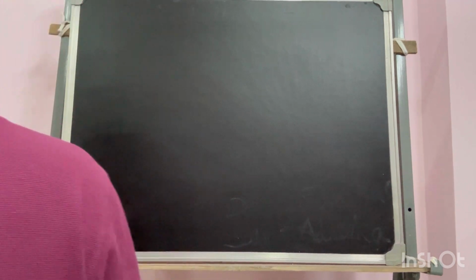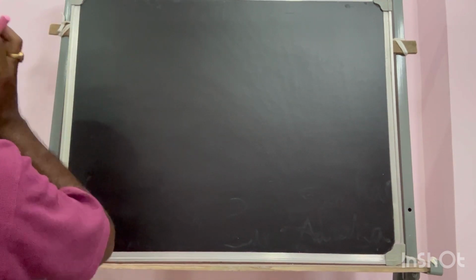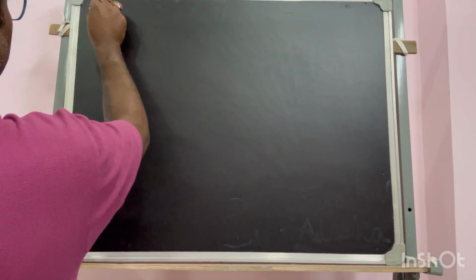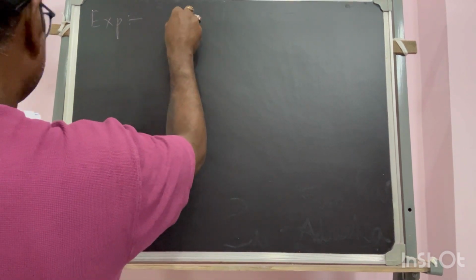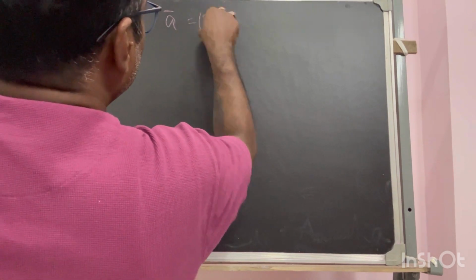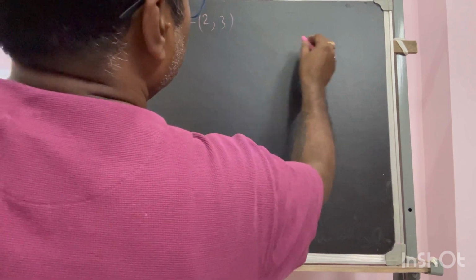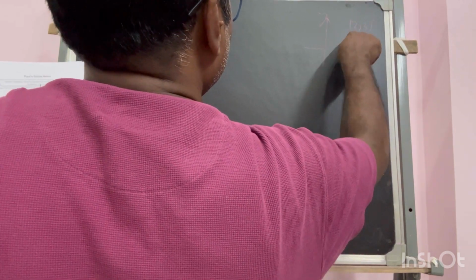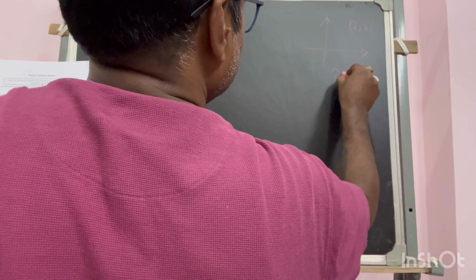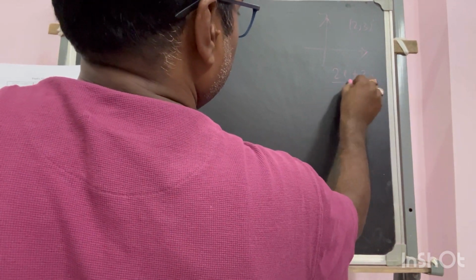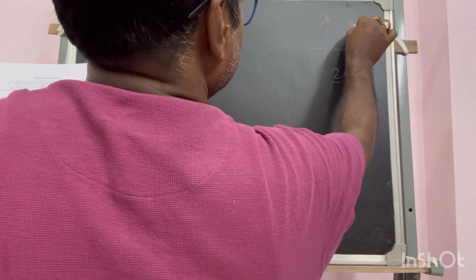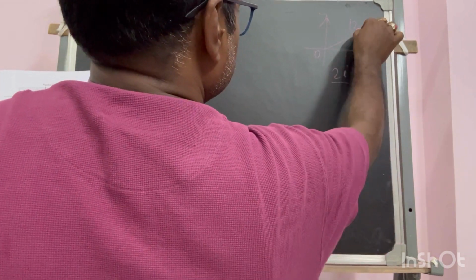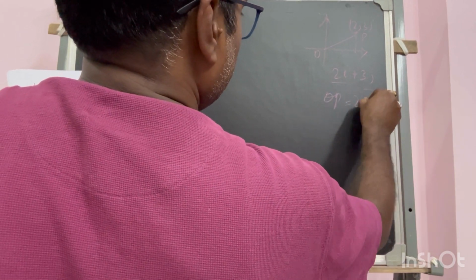Example 1. If A is 2, 3, that is a coordinate in the xy plane, but in the case of vectors there will be two components, one in the x direction and the other in the y direction. If this point is represented with the 2, 3 coordinate, the position vector OP is represented by 2i plus 3j.